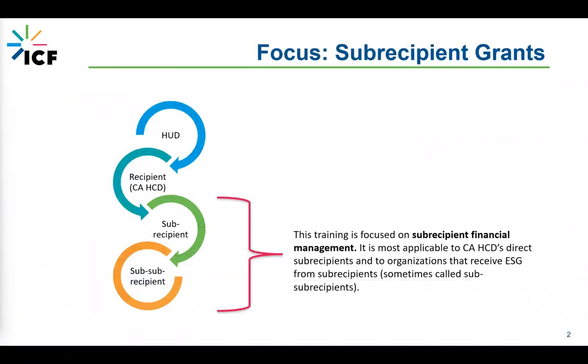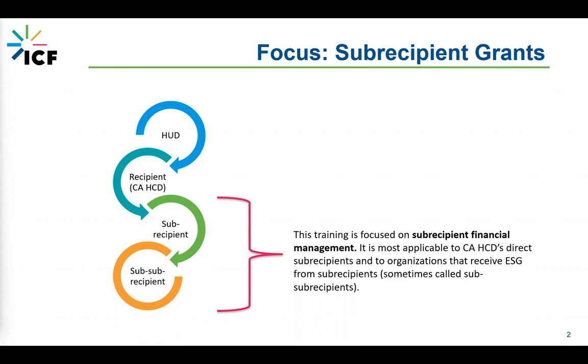So indirect cost requirements are a component of the overall financial management requirements at 2 CFR 200 and trickle down first through these kind of 4 steps here. It begins with HUD to HCD, then from HCD to their ESG and ESG-CV grantees, which are also referred to as subrecipients. And then finally from HCD's grantees or subrecipients to their own subrecipients, which are referred to as sub-tier subrecipients.